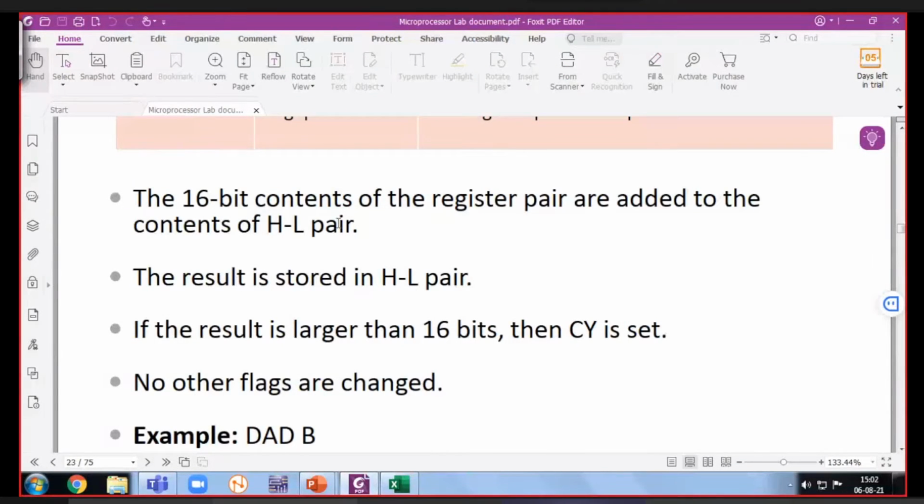Okay, so the 16-bit contents of the register pair are added to the content of the HL pair.